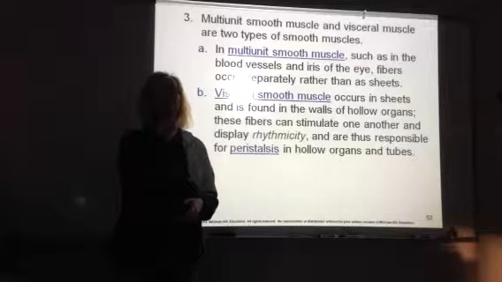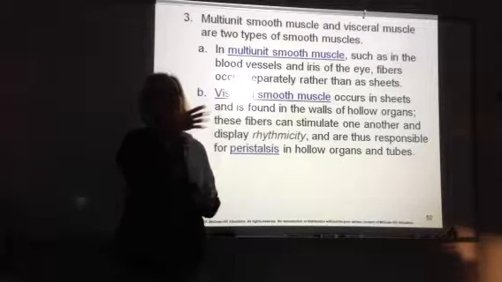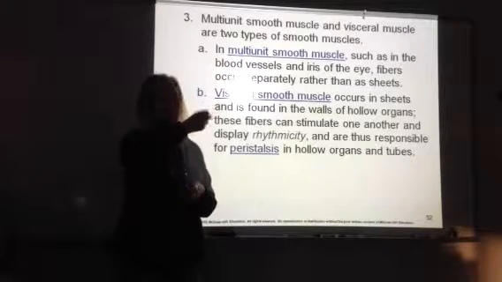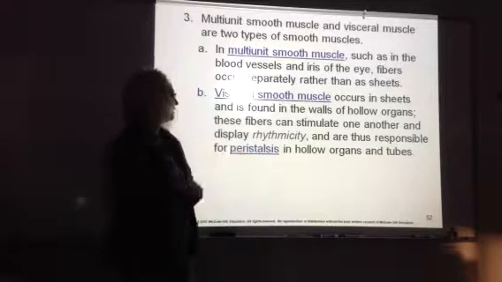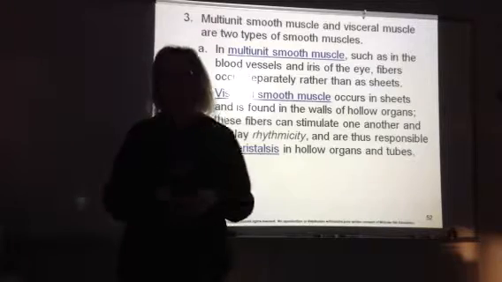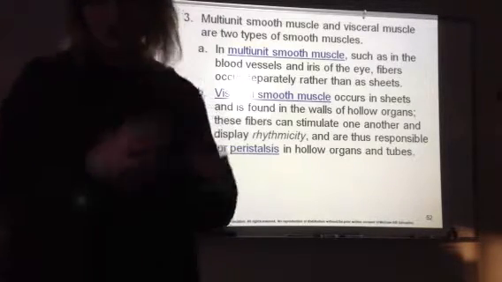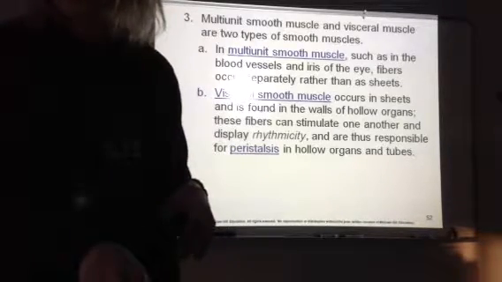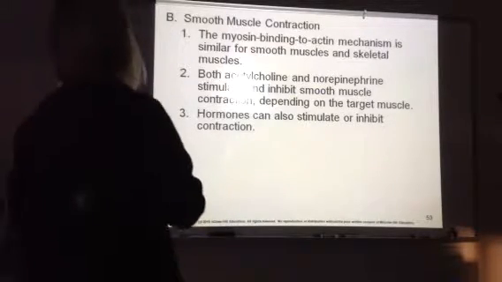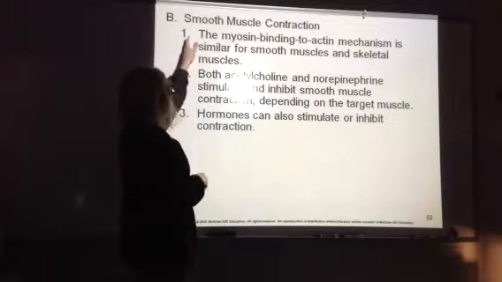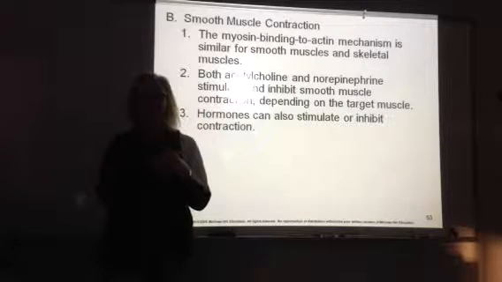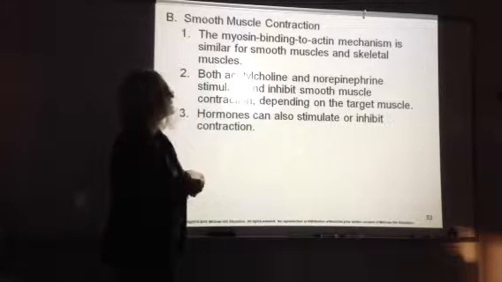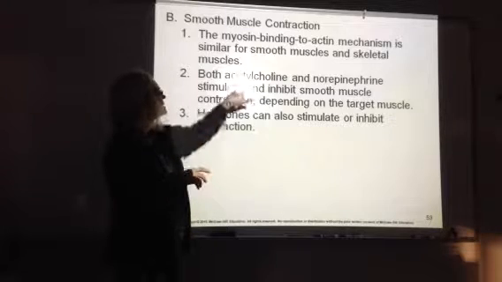So when you chew and your esophagus has to move food down to your stomach, it basically will squeeze, squeeze, squeeze and push the food down, and that would be peristalsis. And that works because of this sheet-like arrangement of visceral muscles.